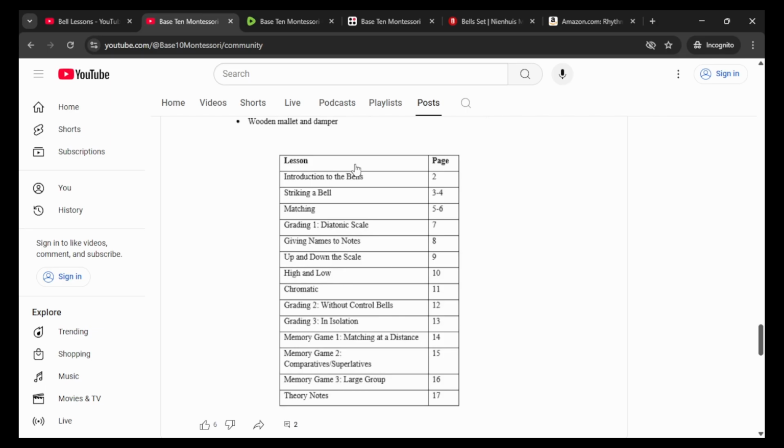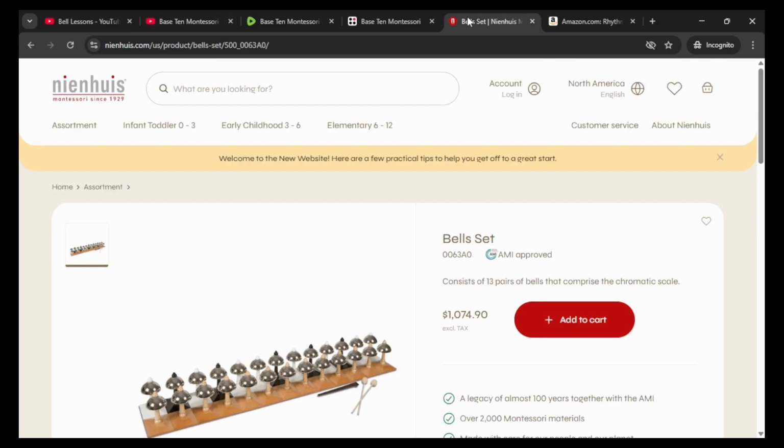Now, for those of you who are new, the traditional Montessori bells look like this. And I wish that I could show you that today, but I can't afford the Montessori bells. So in an effort to find more affordable materials, I will be using a different set of bells.